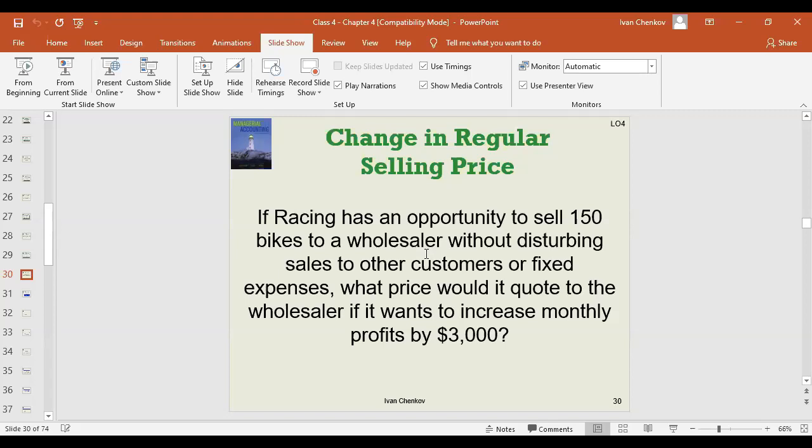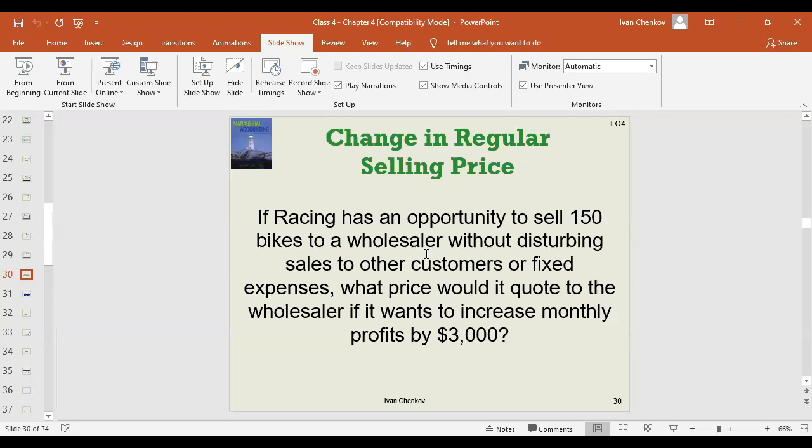The question is, how much should I ask him to pay me so I can cover my variable cost and generate 3,000? How much was my variable cost per unit? 300. And I want to generate $3,000 from 150 bikes.